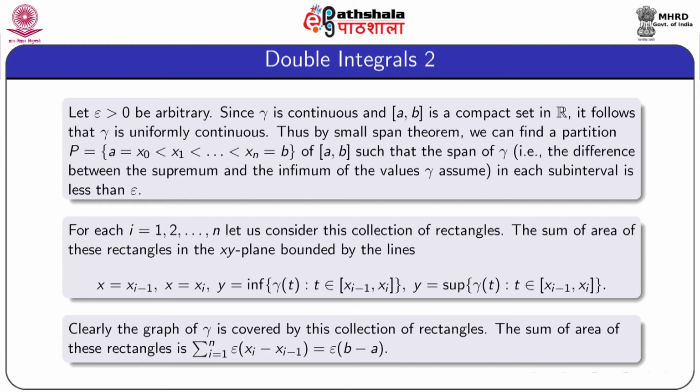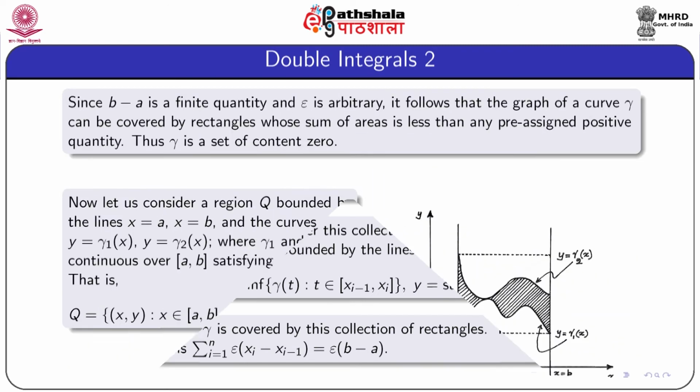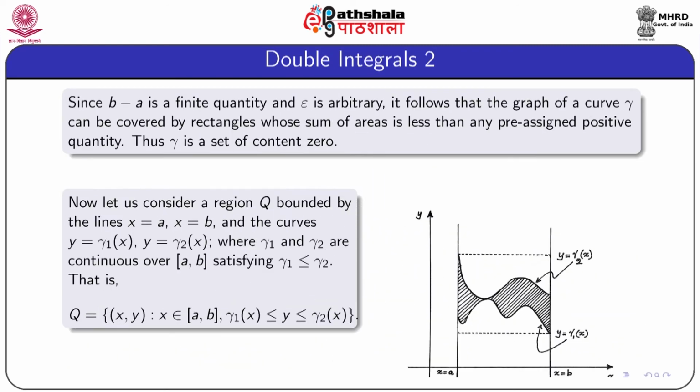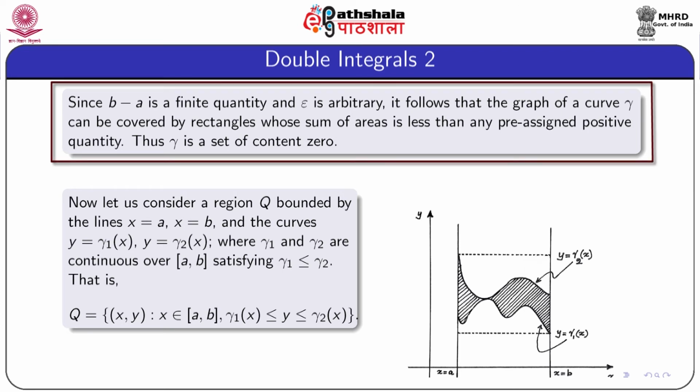The sum of area of these rectangles is sum i from 1 to n epsilon times (x_i minus x_{i-1}), that is epsilon (b minus a). Since b minus a is a finite quantity and epsilon is arbitrary, it follows that the graph of a curve gamma can be covered by rectangles whose sum of areas is less than any pre-assigned positive quantity. Thus, gamma is a set of content 0.